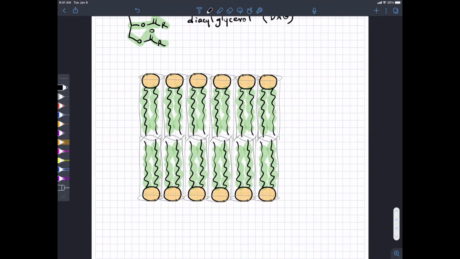And this can extend off indefinitely in both directions, and that's called a lipid bilayer, and that's the basis of membranes for our cells. And of course, over a long period, if the lipid bilayer is large enough, it can curl back on itself and make a cell membrane.